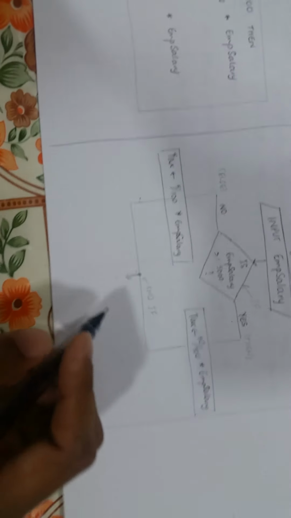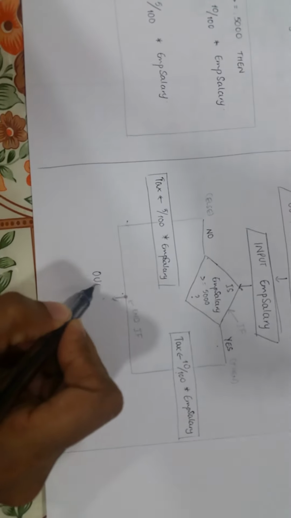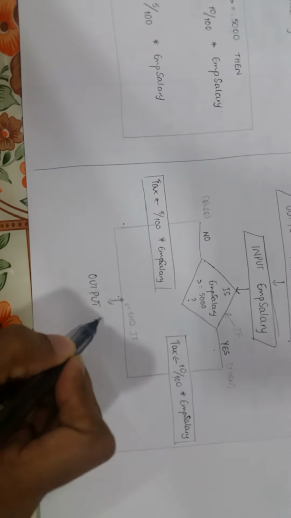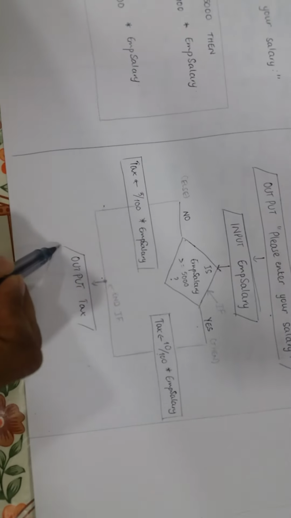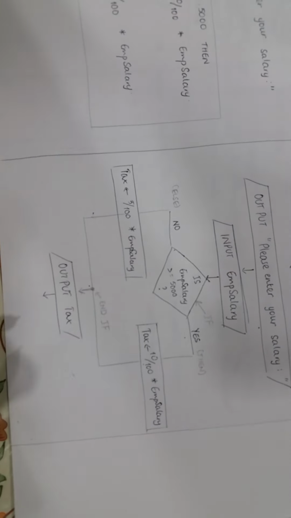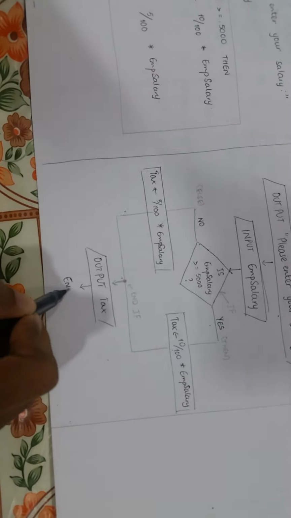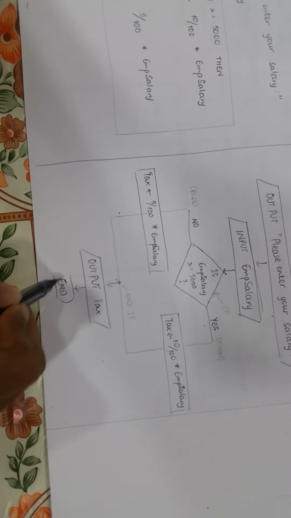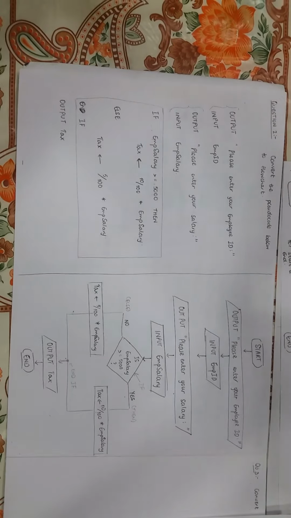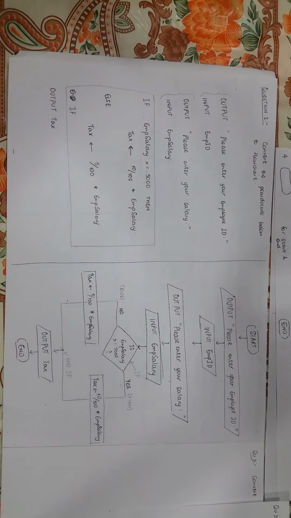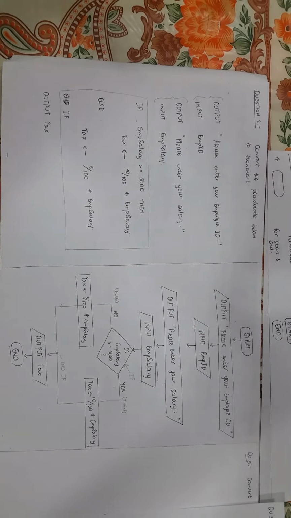So I am going to write output tax, and it should be a parallelogram with one outgoing arrow, and I do not have anything else, so I use the terminator. And so here you are, the if structure converted into flowchart.